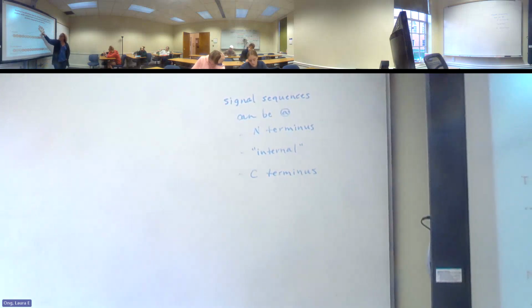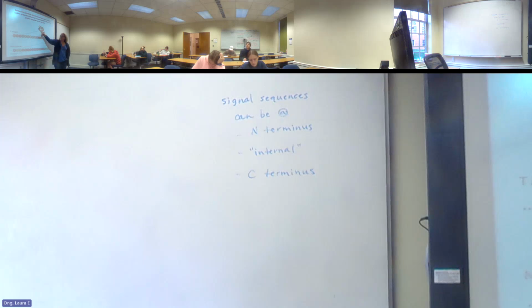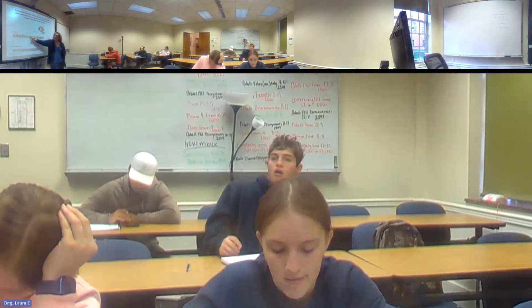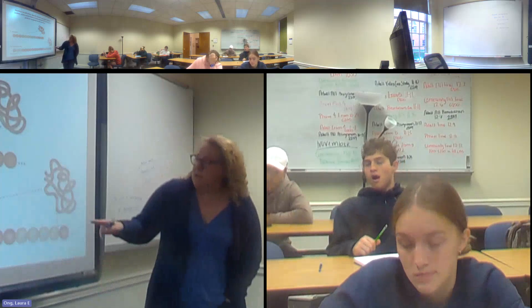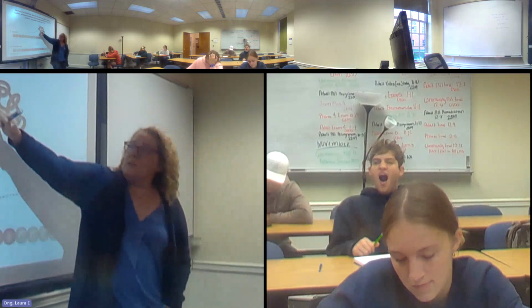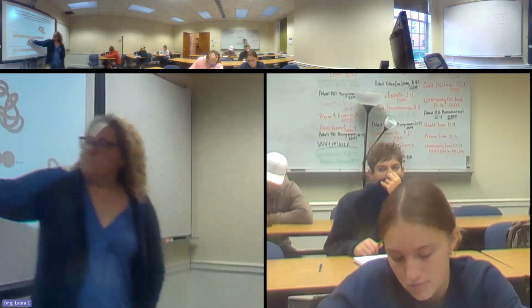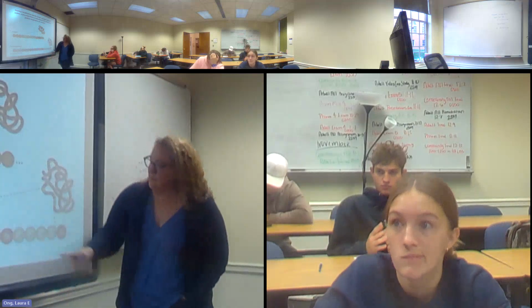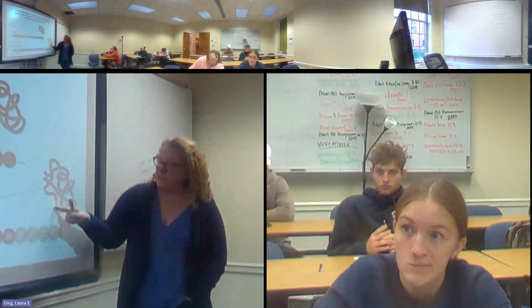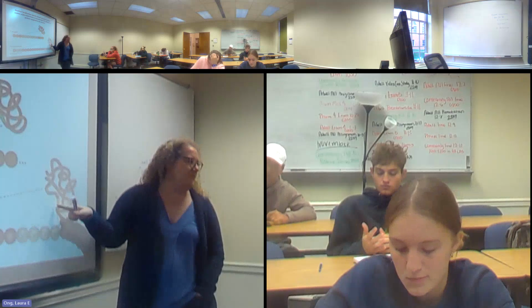Here's an example of one, and it's displaying these amino acids on the surface of the protein. This one is all in one stretch, all the signal sequence comes together. This one, they're separated by distance, but they're close together on the surface.